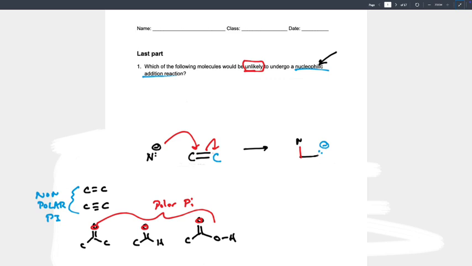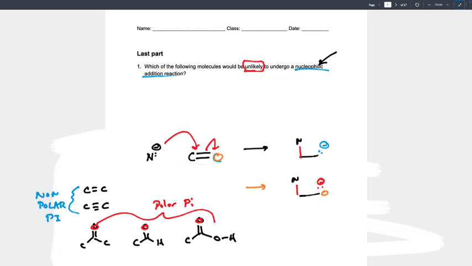So what if I made it an oxygen? I'm still putting a negative charge, but now I'm putting that negative charge on oxygen. Is oxygen okay with a negative charge? It can hold it.